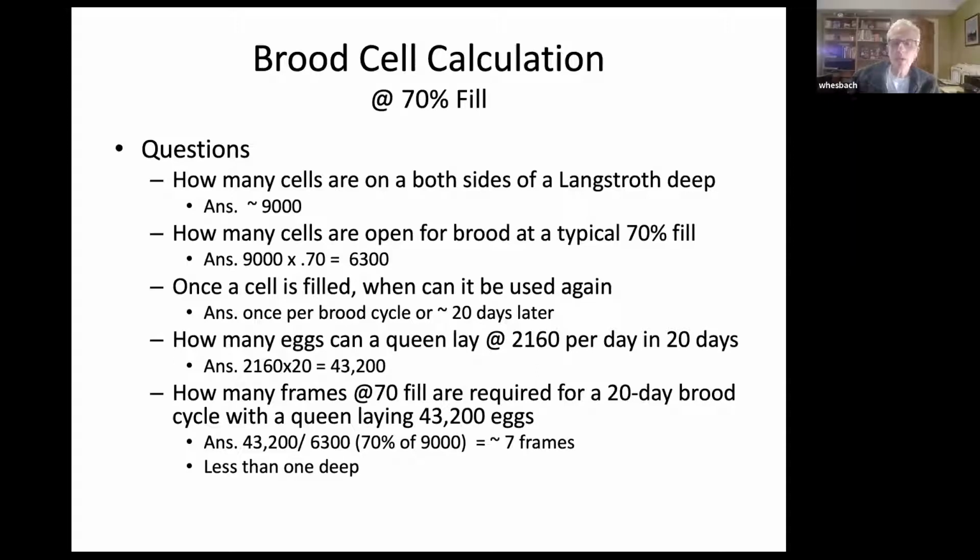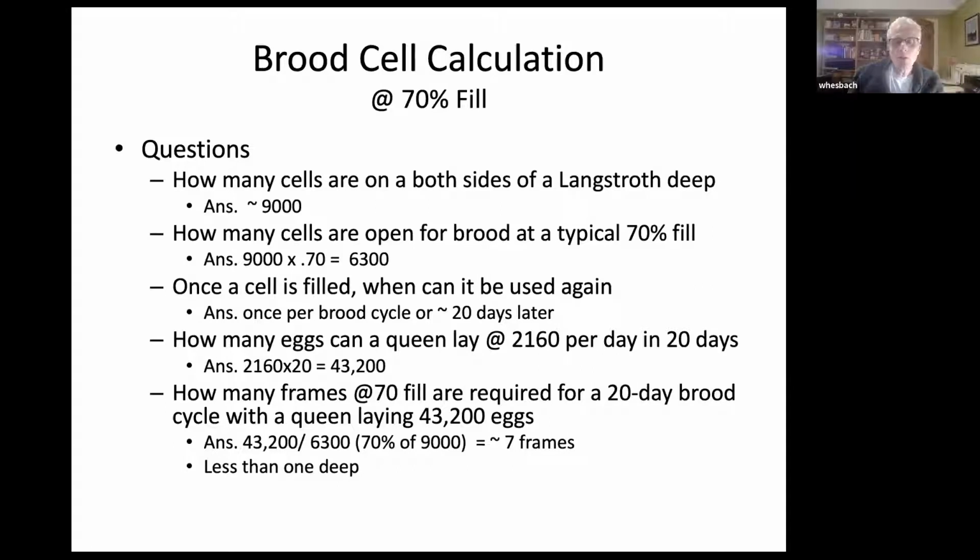It turns out that a Langstroth deep frame has 9,000 cells. 70% of them is where the queen would typically lay, so on a Langstroth frame, in the brood area, she probably utilizes somewhere around 6,300 cells. The rest of them are filled with other things to make a legitimate brood frame.